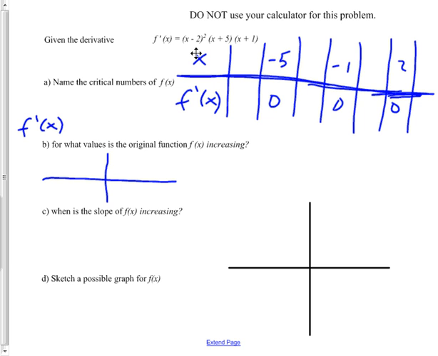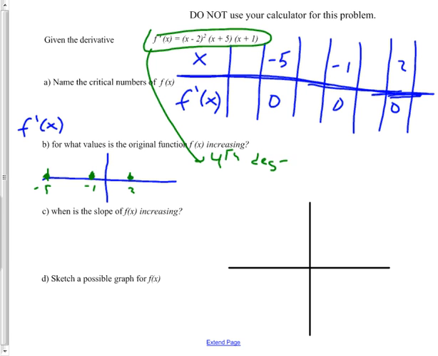So what if we graphed f prime of x? Knowing what we know about a factored polynomial, here we have negative 5, negative 1, and 2. And we know that at negative 5 it equals 0. At negative 1 it equals 0. At 2 it equals 0. We know that this function is a fourth degree with a leading coefficient of 1, which is positive.